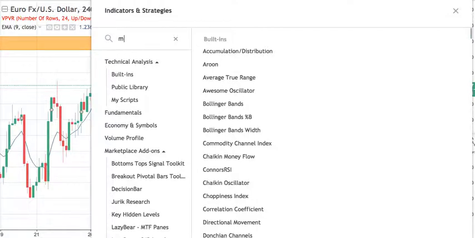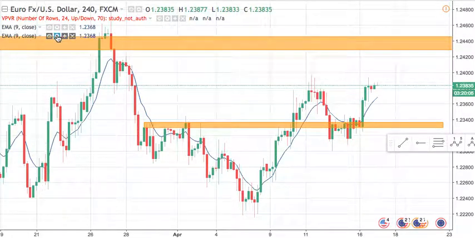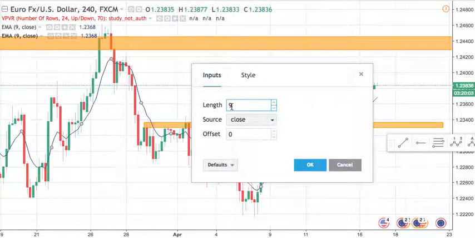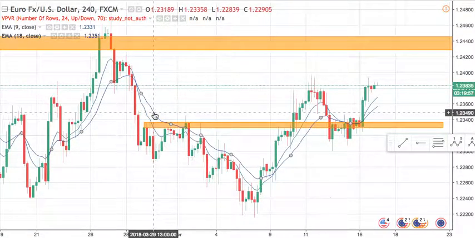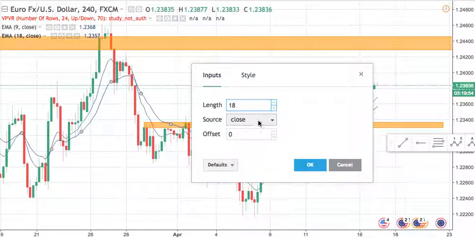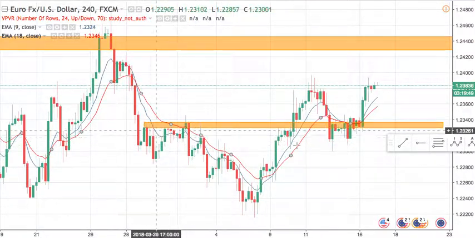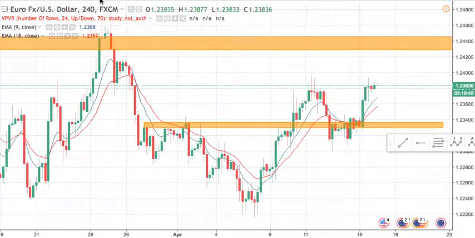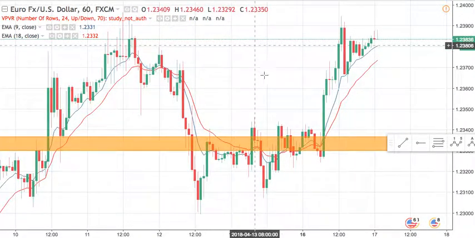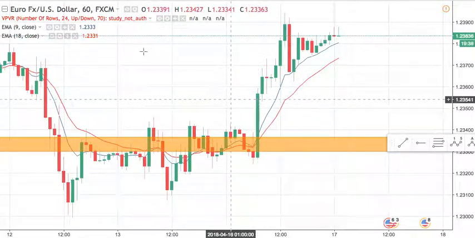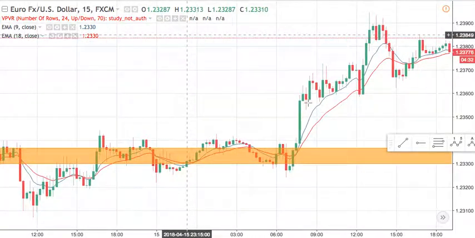And what I'm going to do is a 9 and an 18 exponential. All right. Let's drop it down to another time frame. What do we have here? Let's go more to a 15-minute so we can really see here.